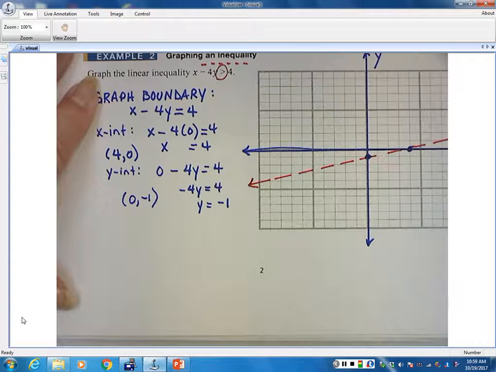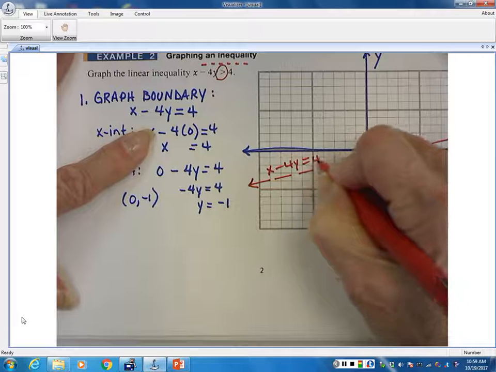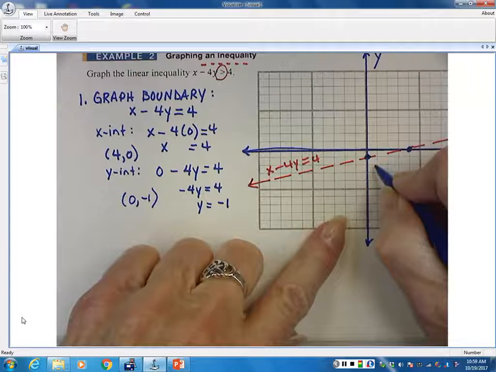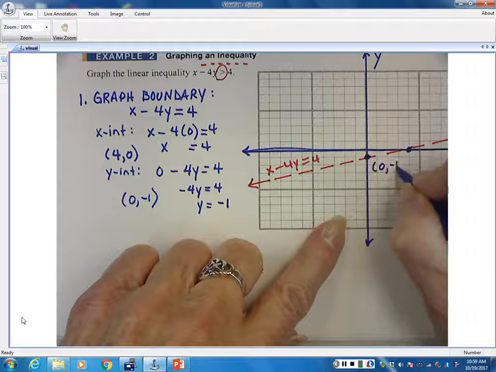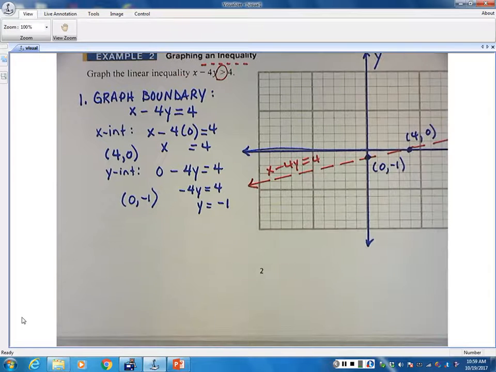So this is the line x minus 4y equals 4. And it has a y-intercept of 0, -1, and an x-intercept of 4, 0. So then step 2 is the test point.